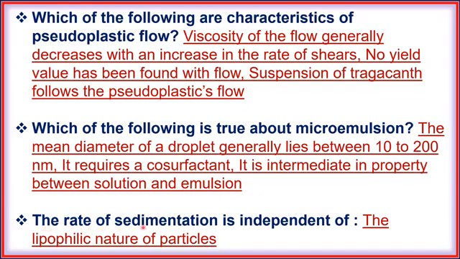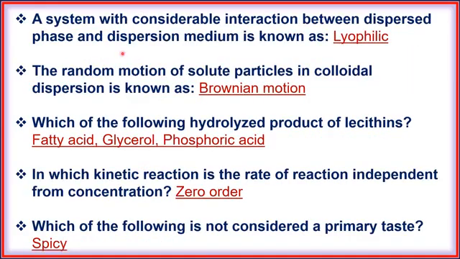Next, the rate of sedimentation is independent of the lipophilic nature of particles. Next, a system with considerable interaction between dispersed phase and dispersion medium is known as lyophilic. Next, the random motion of solute particles in colloidal dispersion is known as Brownian motion.